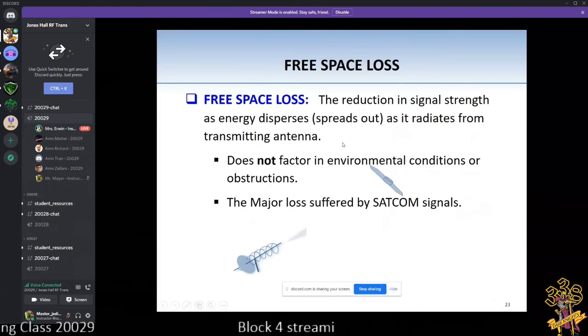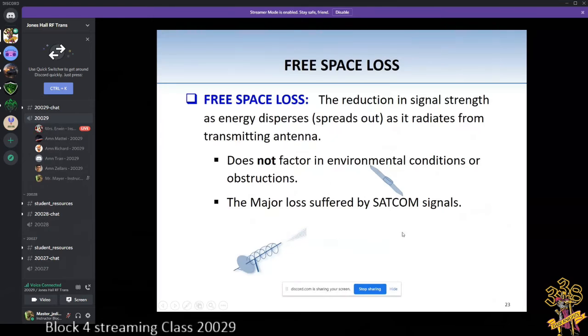And free space loss just means in all of that free space, there's nothing there to interfere with you, you're still going to have a loss. And that loss is caused by once your signal leaves this transmitting antenna, it starts to spread out. As it spreads out, it's spreading its energy out.